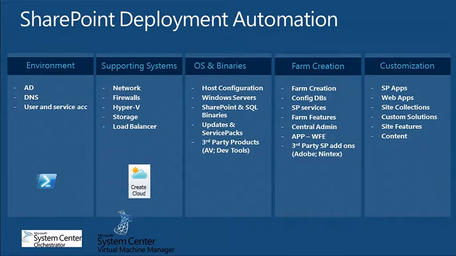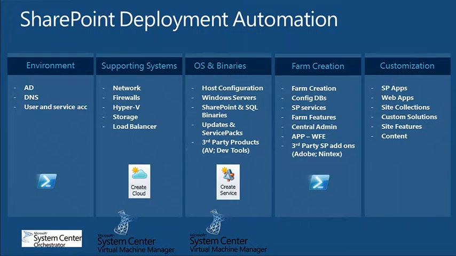Then the next part, you probably already know it, we can do by creating a service. So all these things will be done by actually creating a service and then deploying the service. And the last part, all the SharePoint part, the only way to automate SharePoint at the moment is PowerShell, and this is what we're going to do.